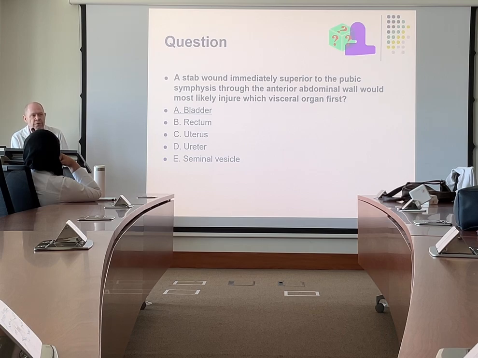But if we look carefully, this question would be correct if we're talking about children. But if we're talking about adults, it depends. If the bladder is full, yes. If the bladder is empty, not exactly.